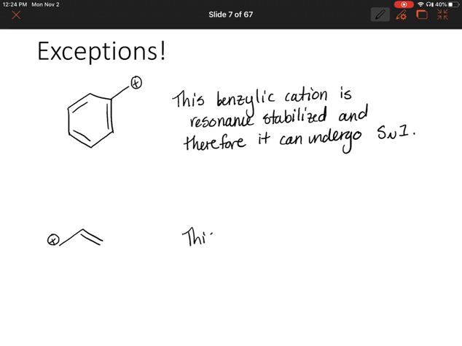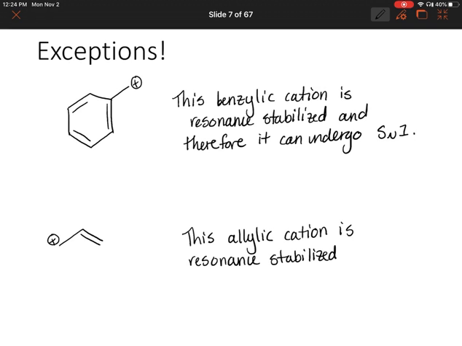So this allylic cation is also resonance stabilized, which again is more stable than hyperconjugation. And therefore, it can undergo SN1 because it will still be a really stable intermediate due to that resonance stabilization.